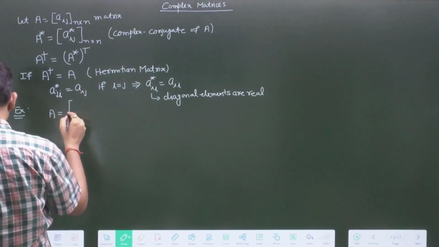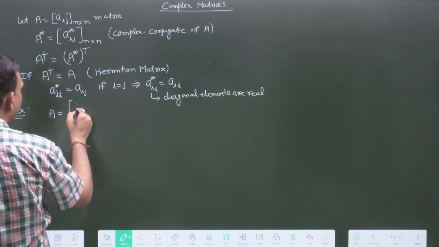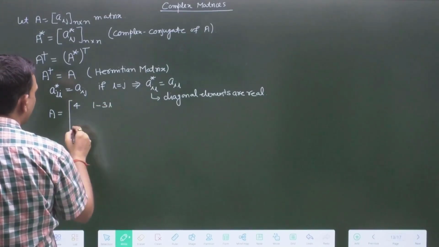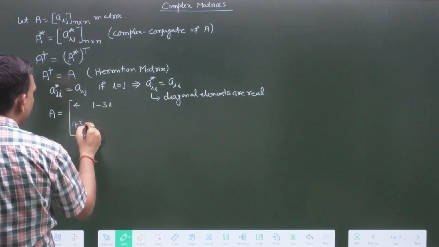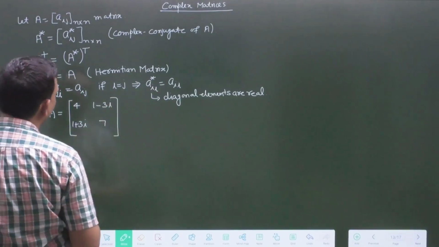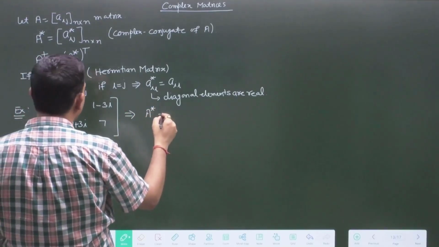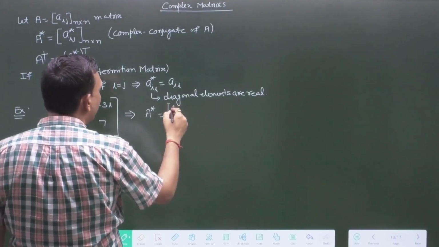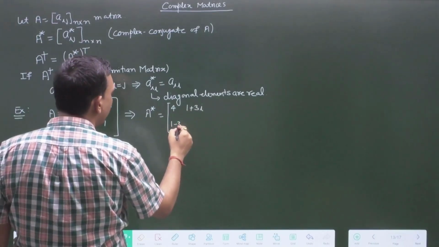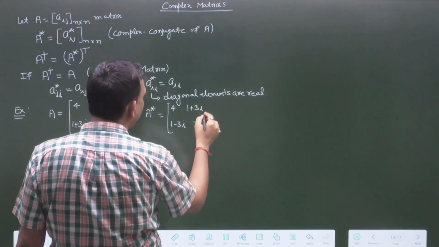So for example, let's say 4, 1 minus 3 iota, this is 1 plus 3 iota, and this will be, let's say, 7. So what will be the A complex conjugate? This is 4, 1 plus 3 iota, this is 1 minus 3 iota, the complex conjugate changes iota to minus iota, and then 7.